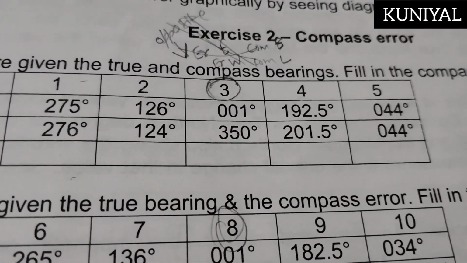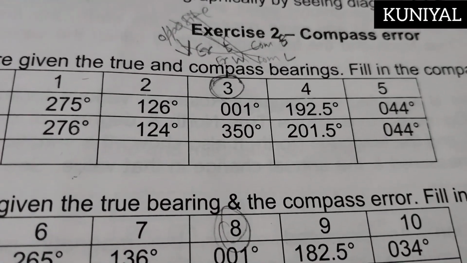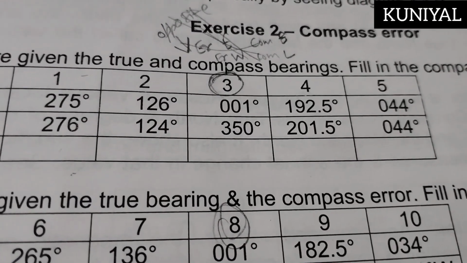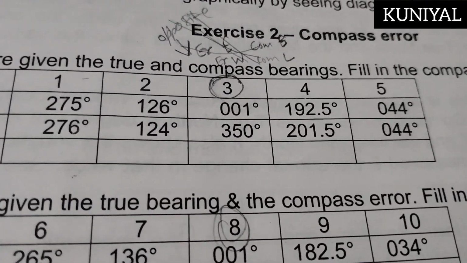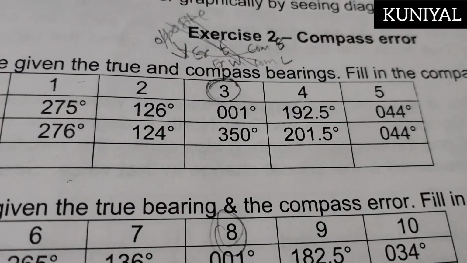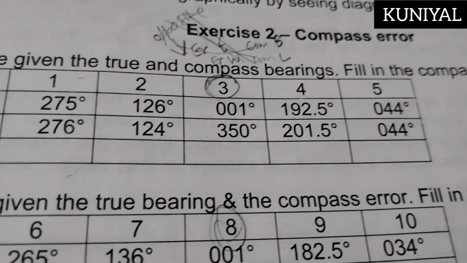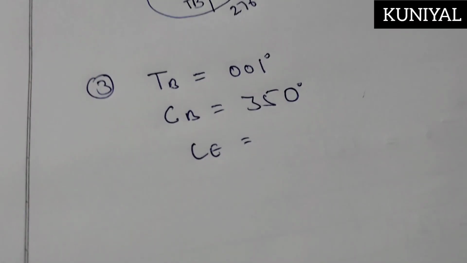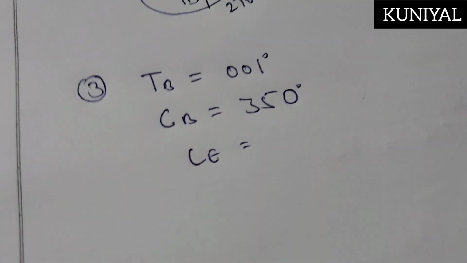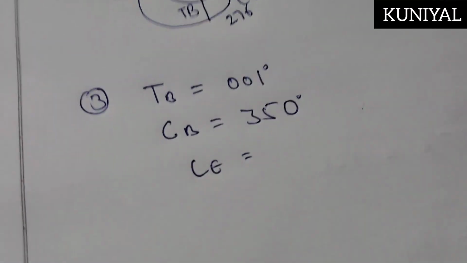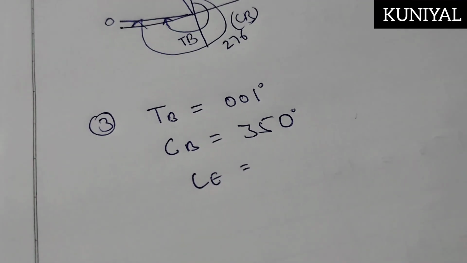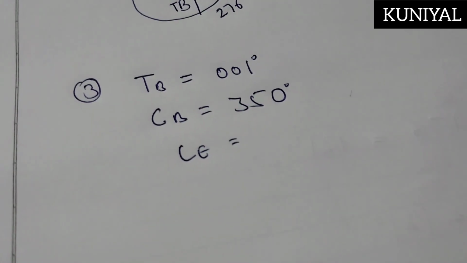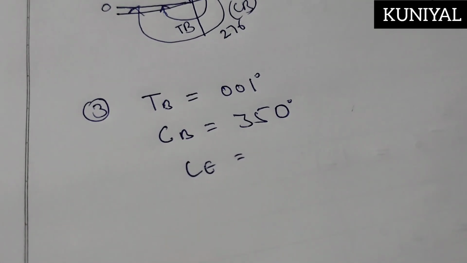So it is better to use the diagram method, so that you will not have to mug up anything and you will do these questions correctly in your examinations. So this is the situation, and I will do this question by the diagram method, because it is better to do it that way.